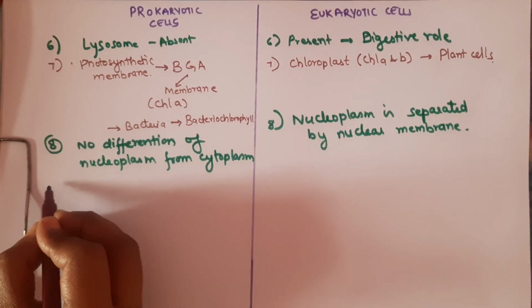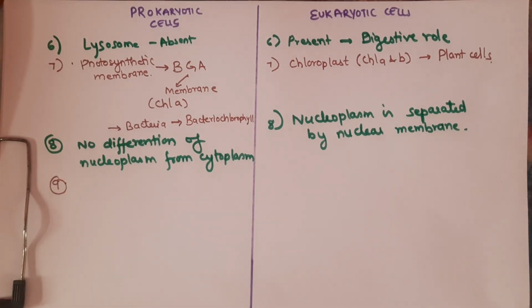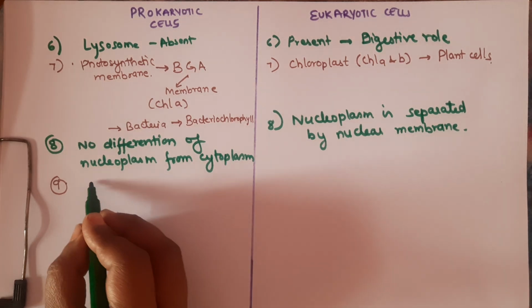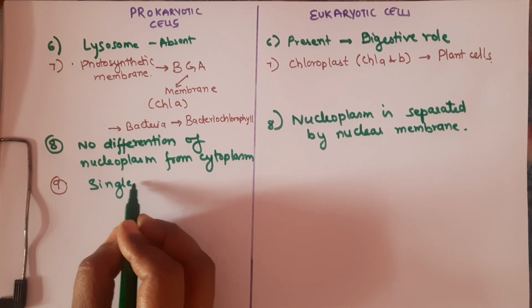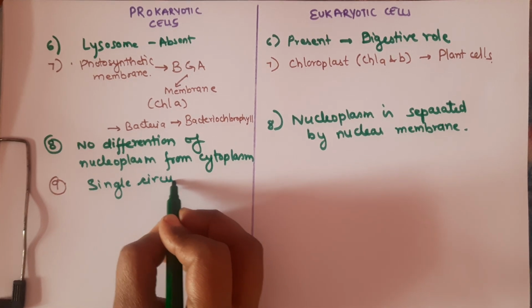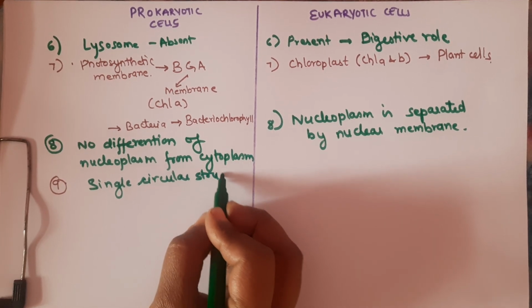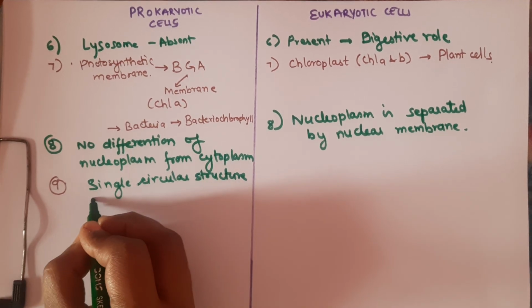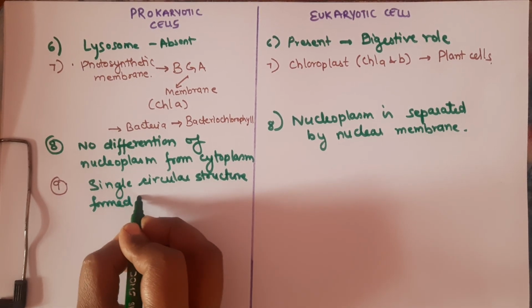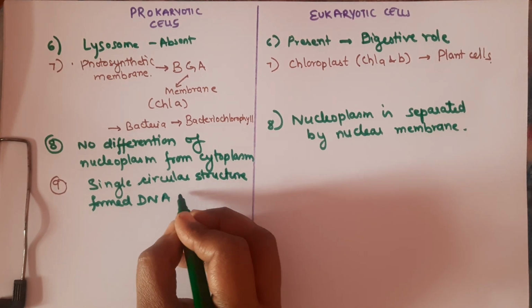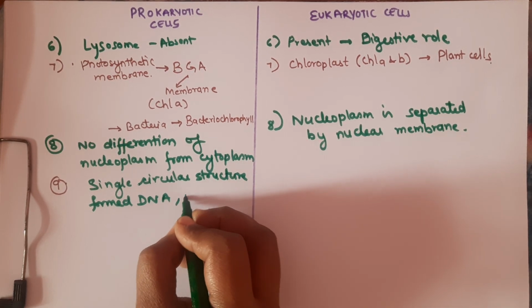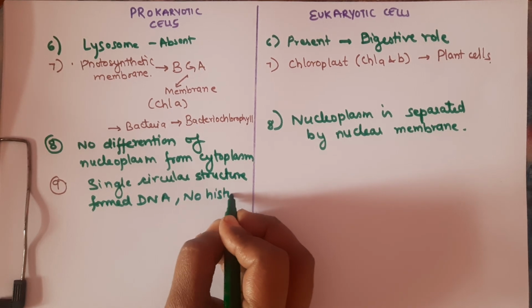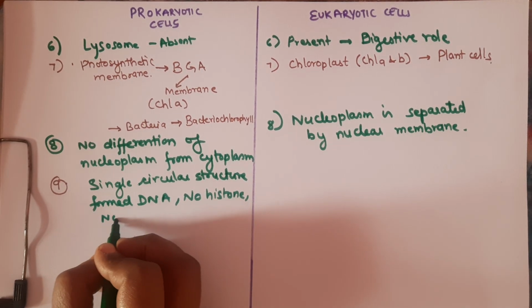The next difference between the two is in terms of chromosome. So a single circular structure formed of DNA only is present in the prokaryotic cell. There are no histones and no nucleus.